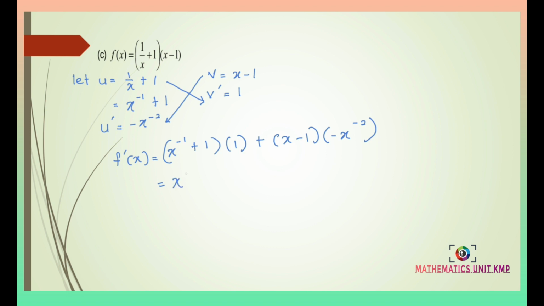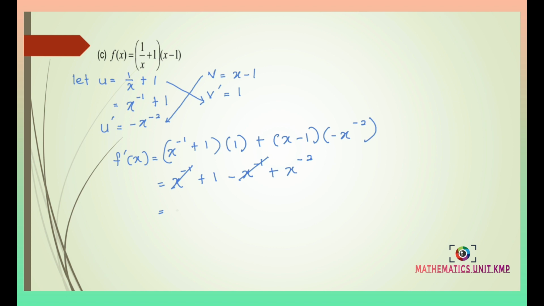We get here x power negative 1 plus 1. And here we have negative x power negative 1 plus x power negative 2. We simplify the answer here, x power negative 1 and minus x power negative 1.